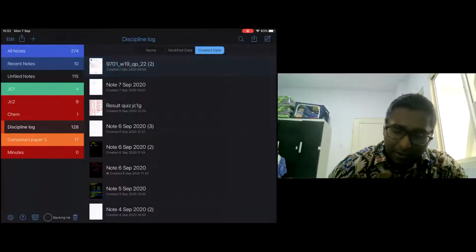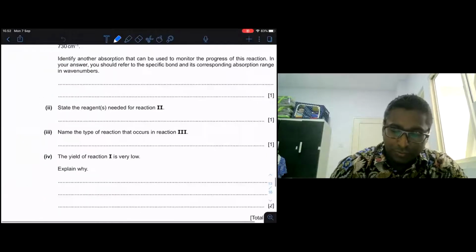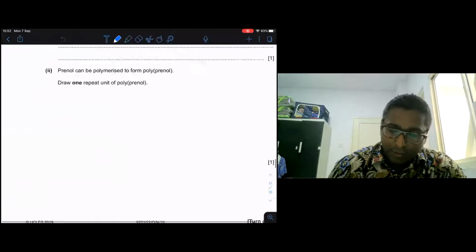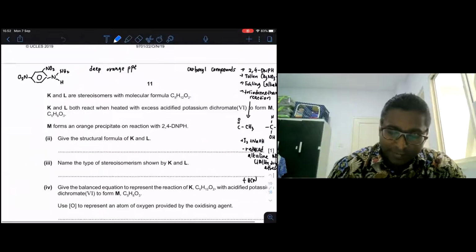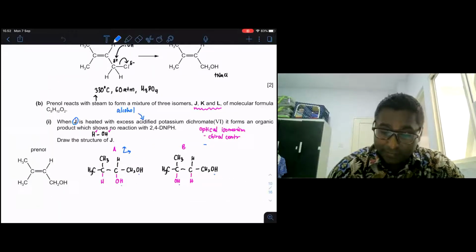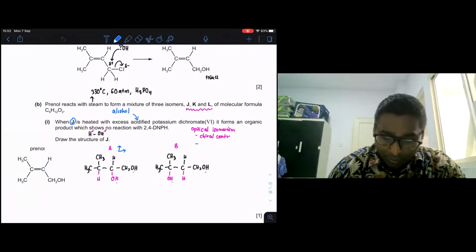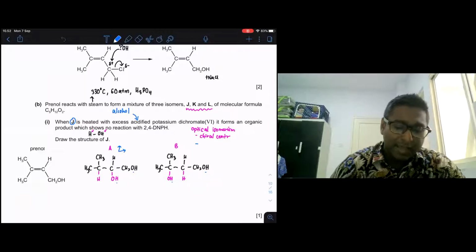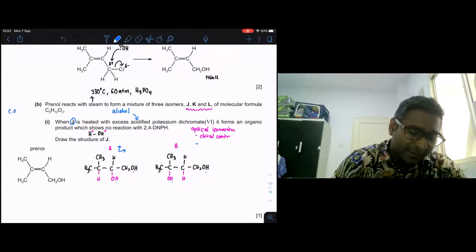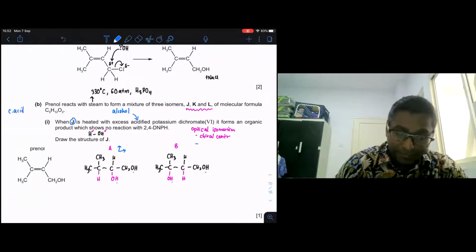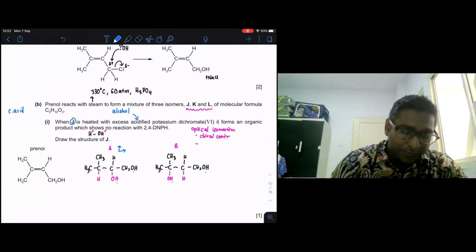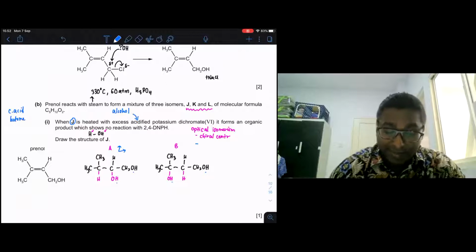So now, coming back to this question, of course I'm oxidizing this, but the product that you get can either be carboxylic acid if it is primary, or ketone if it is secondary.